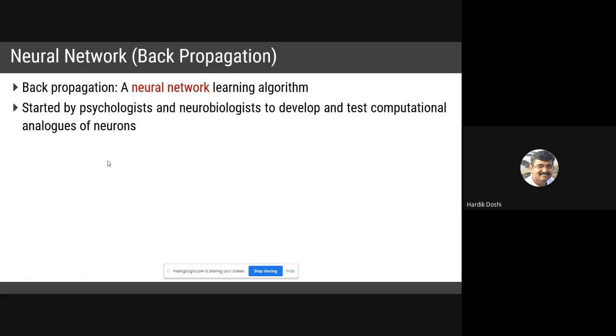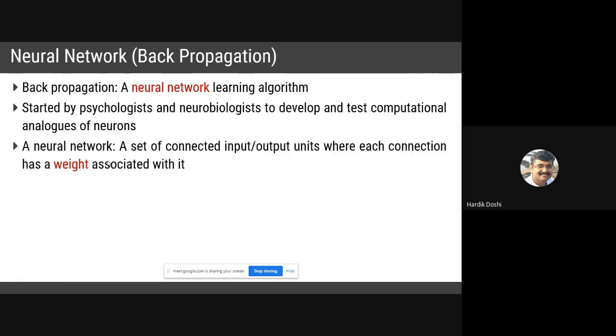So psychologists and neurobiologists have given this method, which is analogous to neurons. Consider our human brain. It has a large network connected. Our brain is connected to all the parts of our body through neurons, so the neural network is generated.